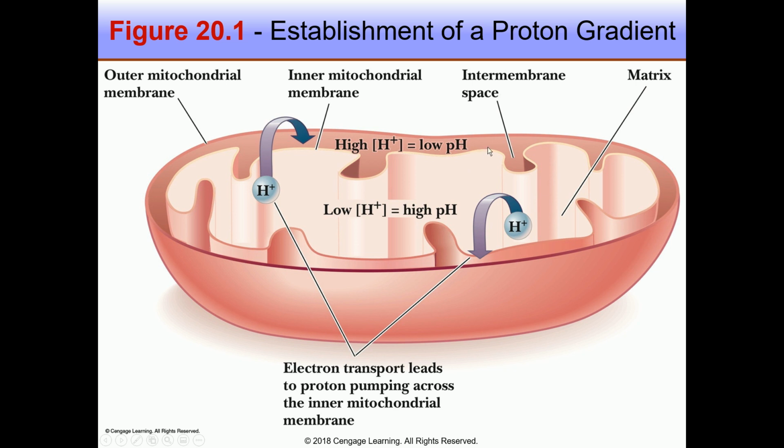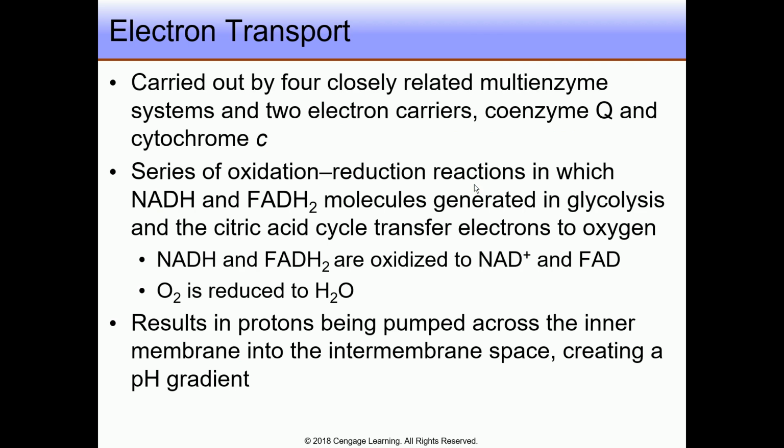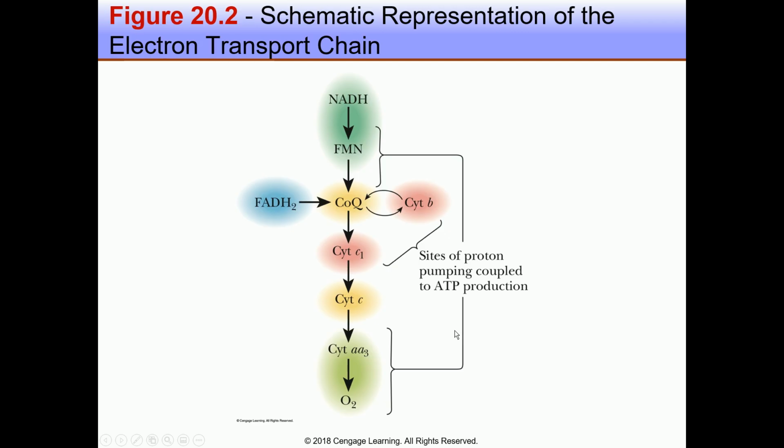Then there is another enzyme embedded in the inner membrane of mitochondria, called ATP synthase, and these protons can diffuse, because there's a high concentration here, low concentration here, through that enzyme, and that process is called chemiosmosis. That will activate ATP synthase, and that will result in the formation of a lot of molecules of ATP. I think I have already explained all these things.